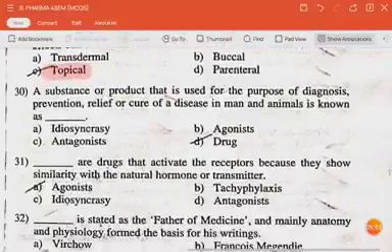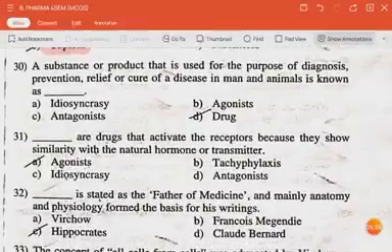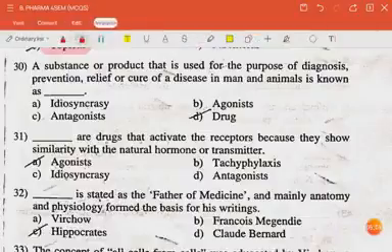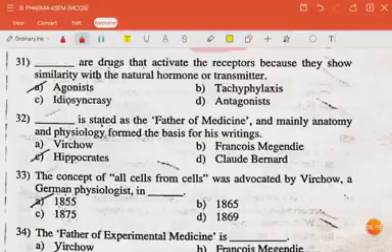The next question is, a substance or product that is used for the purpose of diagnosis, prevention, relief or cure of disease in man and animal is known as drug. Next question is, dash are drugs that activate the receptor but they show similarity with natural hormone or transmitter. The answer is agonist.